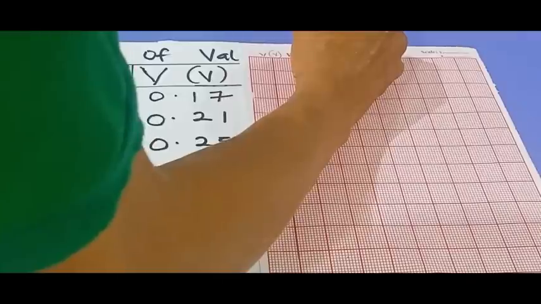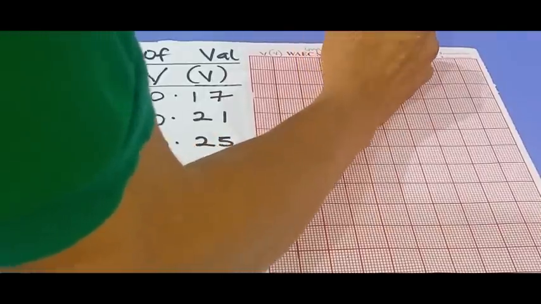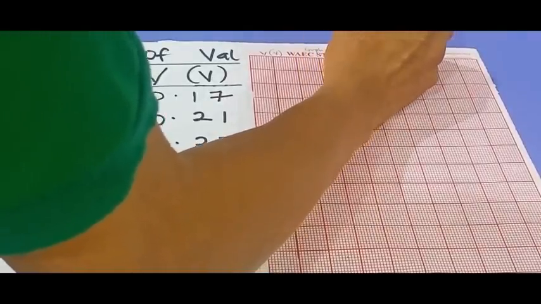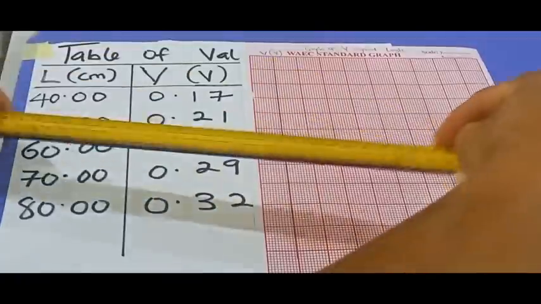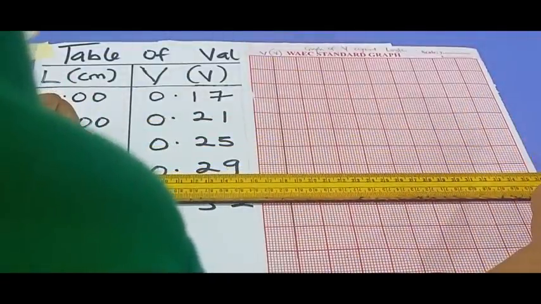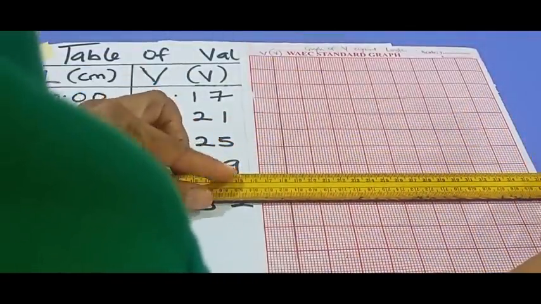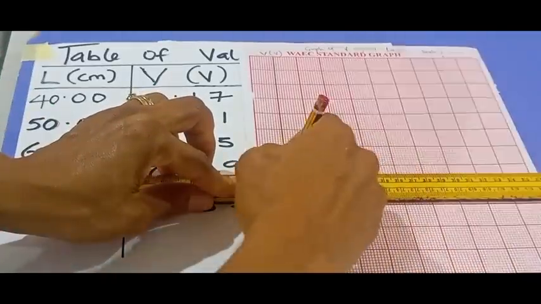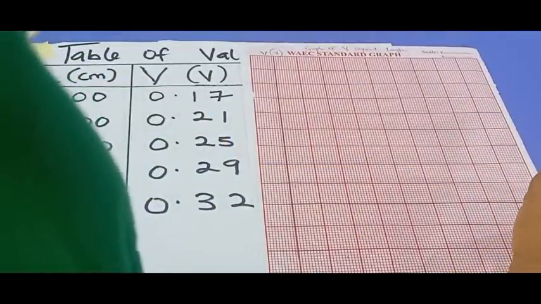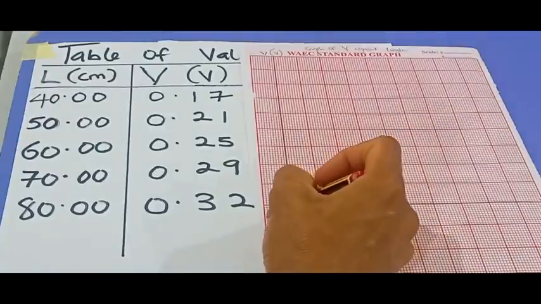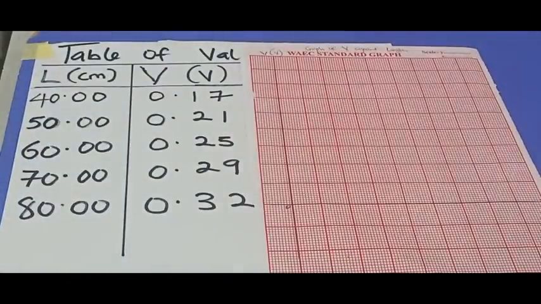You can write graph for V, the voltage against the length. Let this be the length in cm. I'll put the unit. So I'm starting from the origin 0.